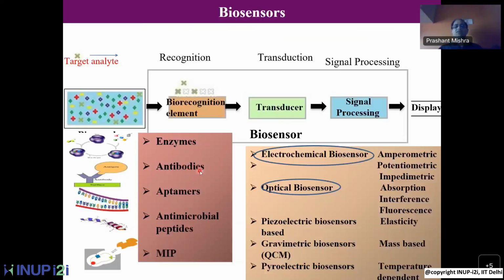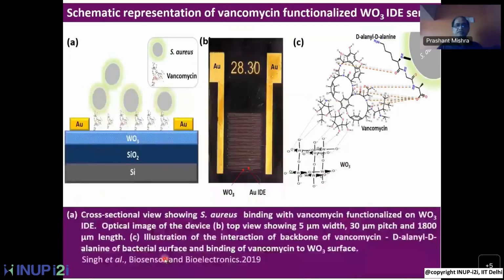Antibodies are generally produced inside the organism, so they are limited. They can undergo degradation. But you can have more stable MIPs which can be used. So for next generation biosensors, these MIPs are a very important tool for application.